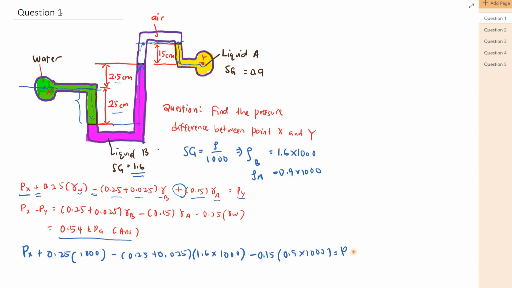This will give you Py. So rearrange the equation Px minus Py, solve for this mathematical part. In this case, after you solve the equation, you will get 55 N. Now, be careful with the unit, 55 Pascal.